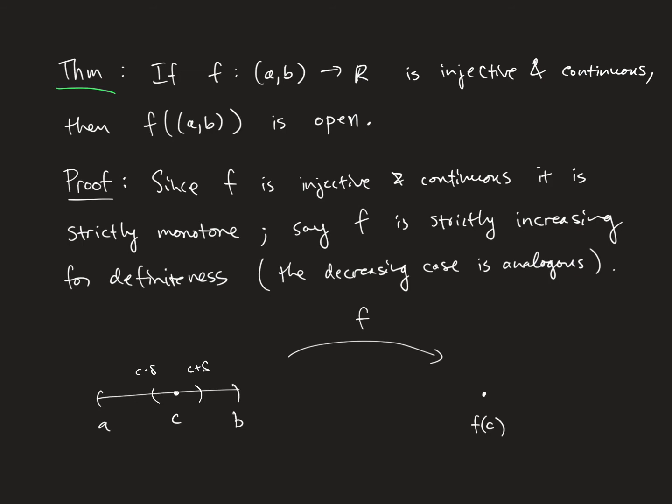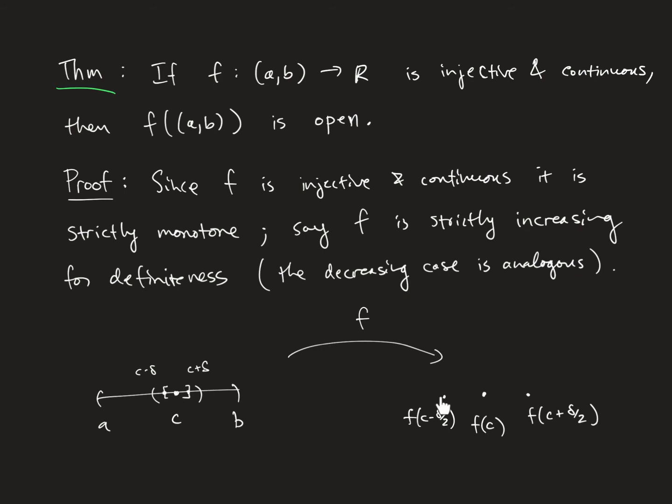And what we can do is look at, say, sort of halfway here, C plus delta over 2 and C minus delta over 2. We can look at their images over here. And since this function is strictly increasing, we have to have f of C minus delta over 2, and then we'll have f of C plus delta over 2.